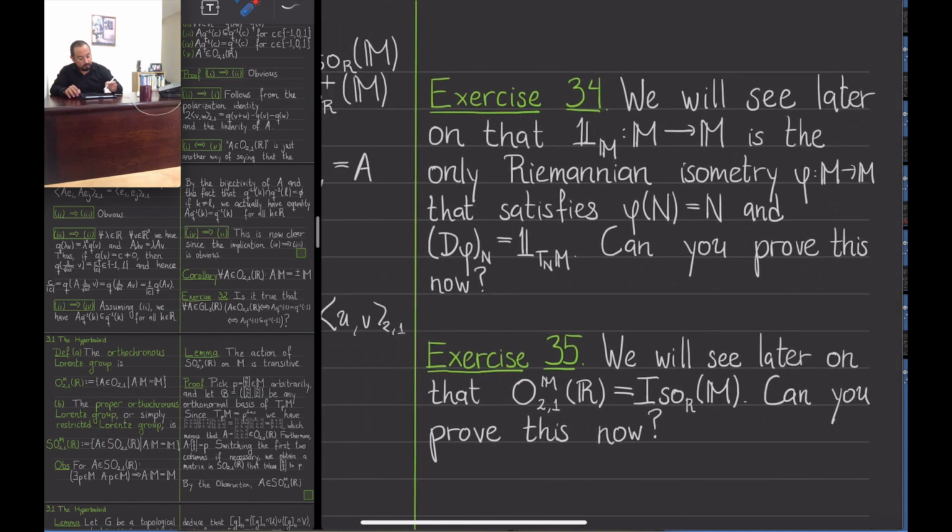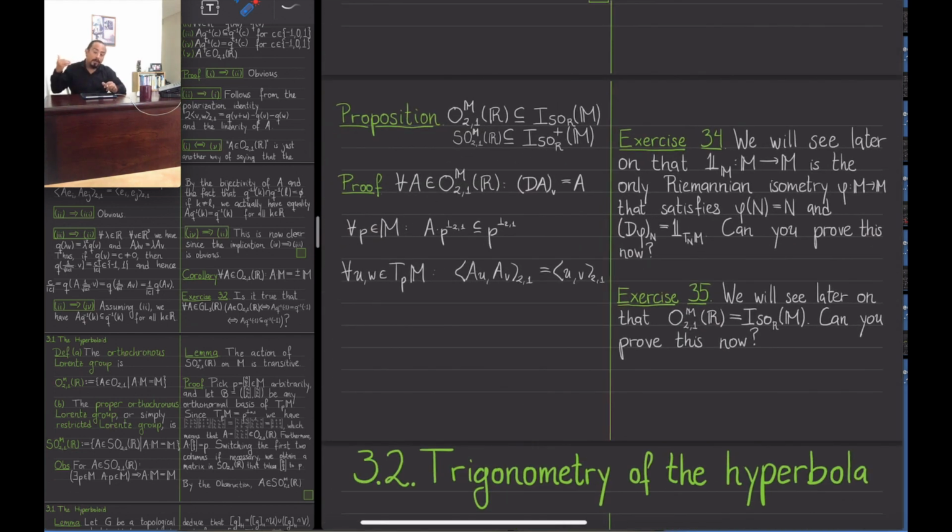So if we see that the identity is the only Riemannian isometry fixing the North Pole and having the derivative being the identity, then what I just said, that it would be impossible to find an isometry here that did not come from a matrix, right?